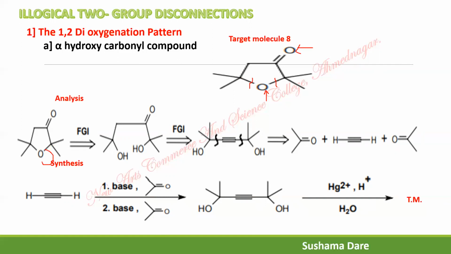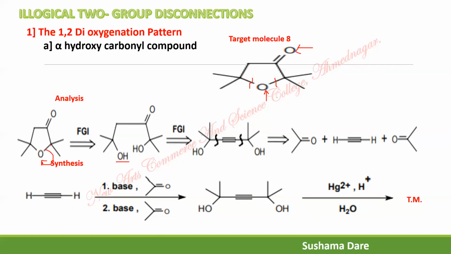So disconnect the bond in the direction of the heteroatom. Whenever a negative charge is there on the oxygen after disconnection, you simply write down the hydroxy group. Now what happens to this carbon? This carbon carries a positive charge.